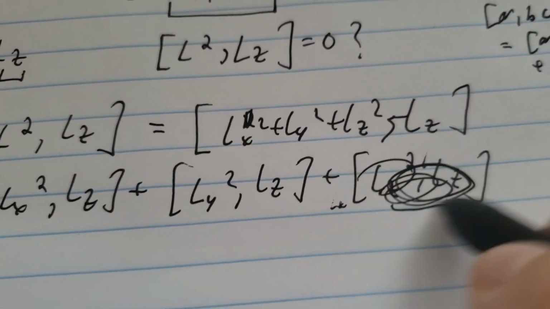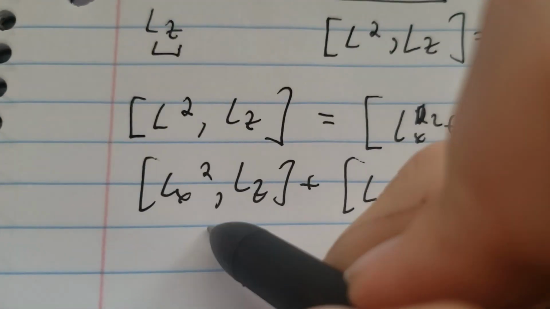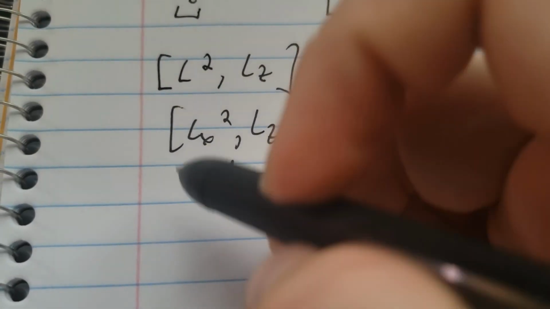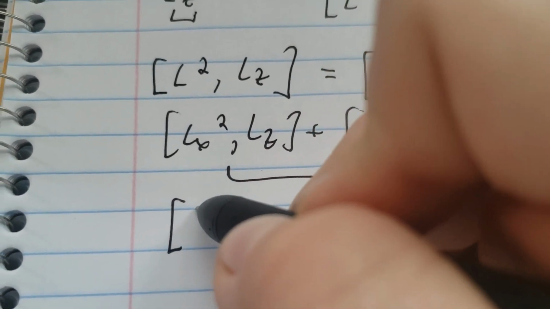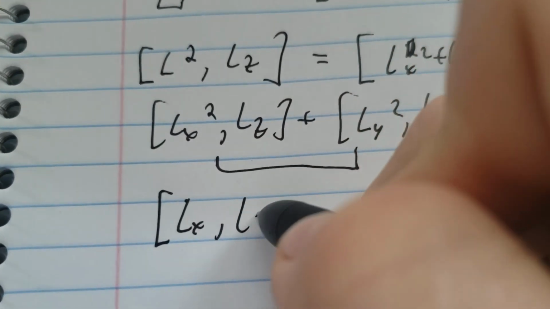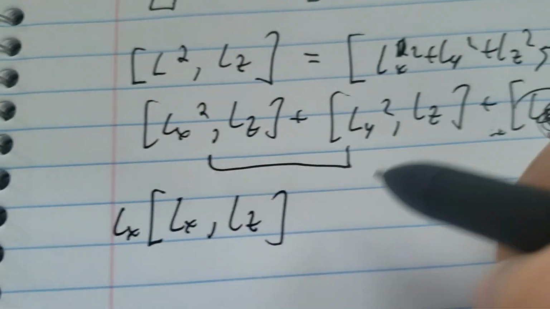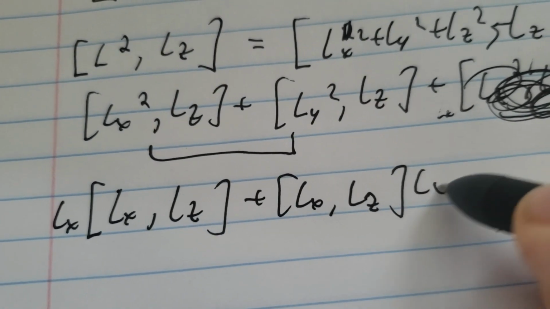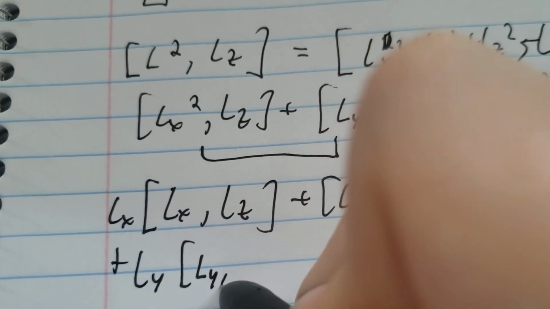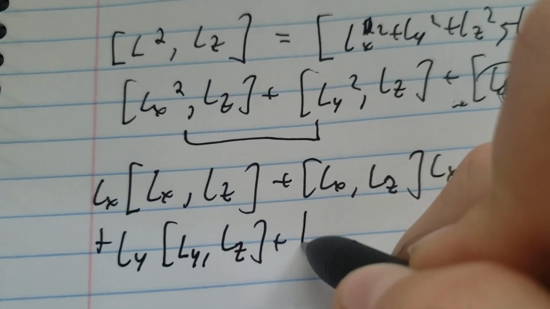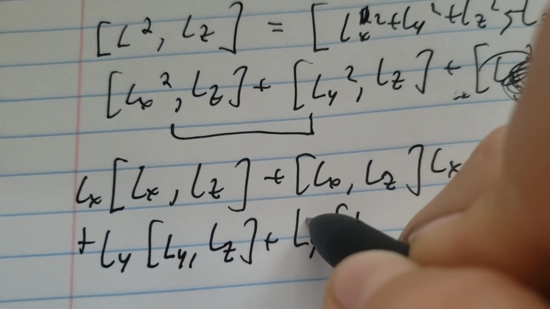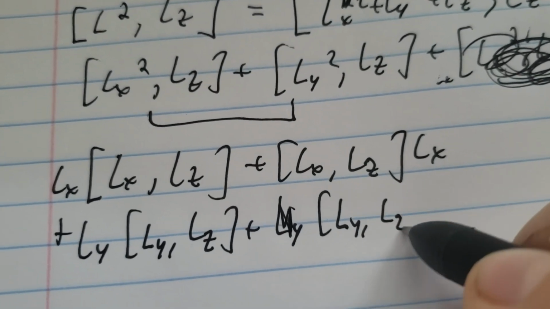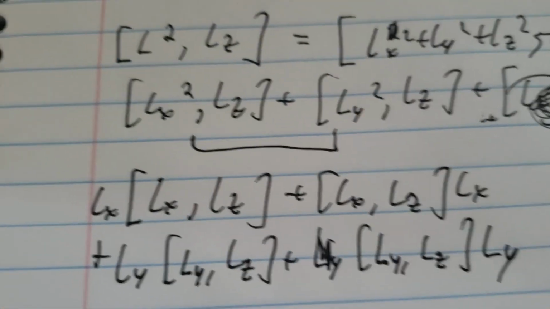So now we need to figure out these terms. We're going to break up the commutator of the product here: Lx with Lz, with Lx on this side, and Lx, Lz, Lx on this side, plus Ly with Lz, and Ly on this side.